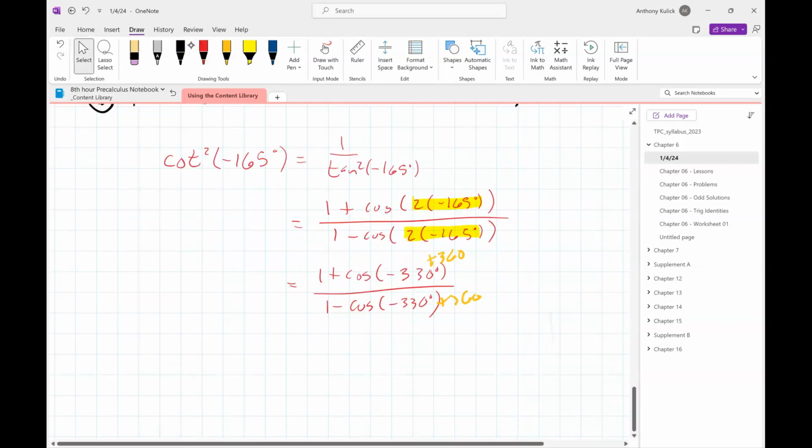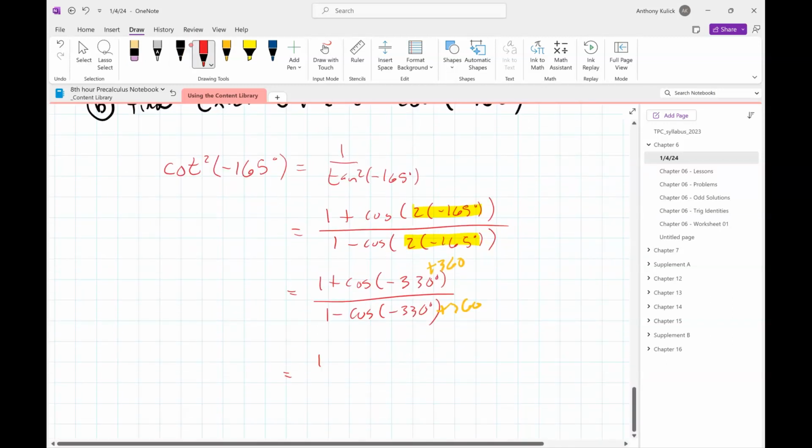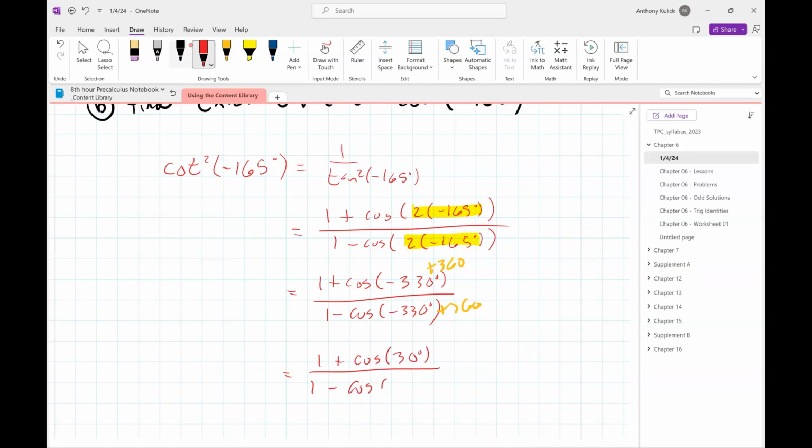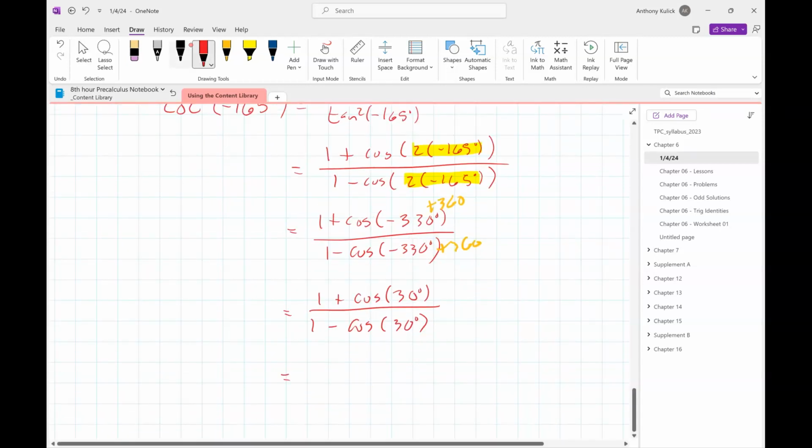Or you could just go around the unit circle in the opposite direction. You'll land at 30 degrees. So now we go to our unit circle and look up cosine of 30 degrees, which is? Excellent.